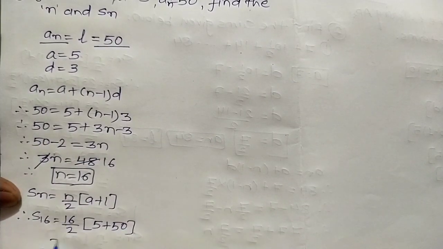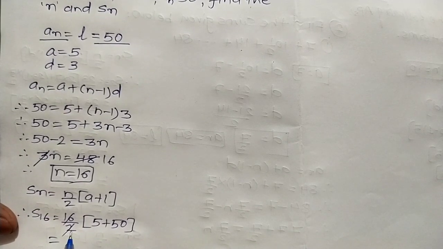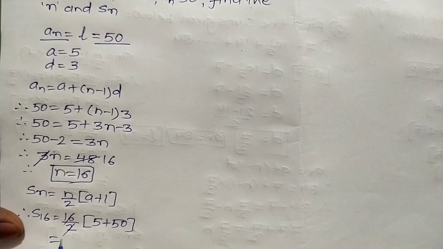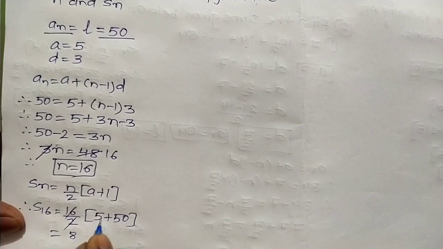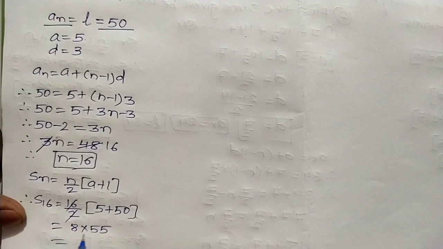Okay, now 16 divided by 2, then we get 8, and 5 plus 50, we add 5 and 50, then we get 55. Okay students, we multiply 55 into 8, 8 fives are 40, 8 fives are 40 plus 4, 44.